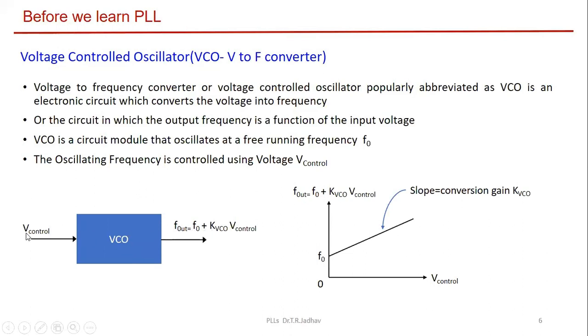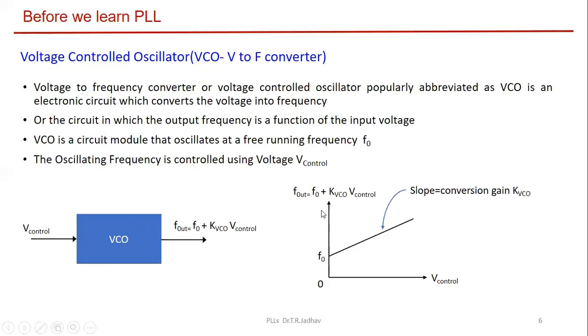In an oscillator, normally we don't have input, but here we are deliberately providing the external control voltage. This is not the input, but a control voltage that we are providing, which will change the output frequency.